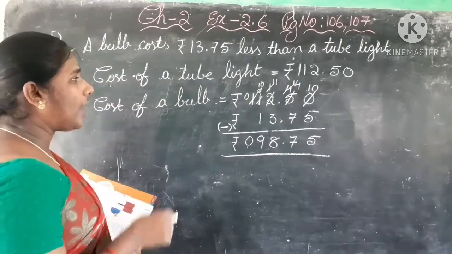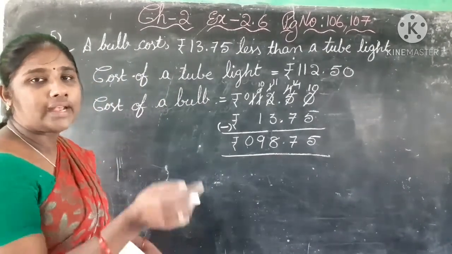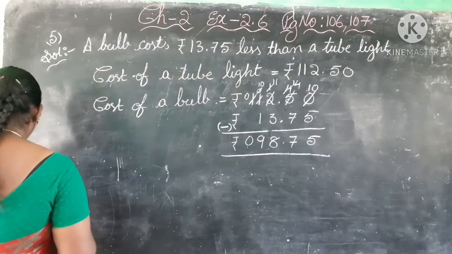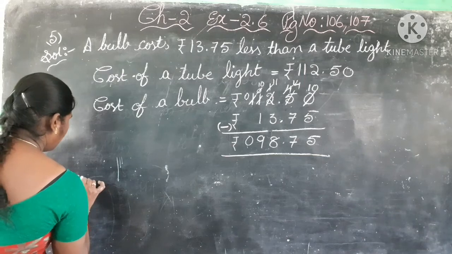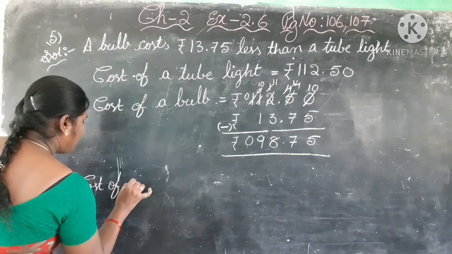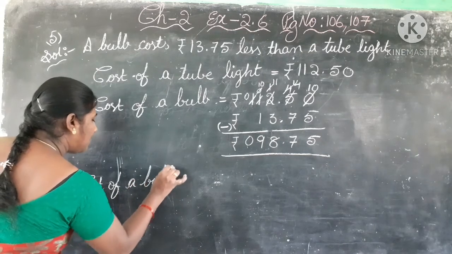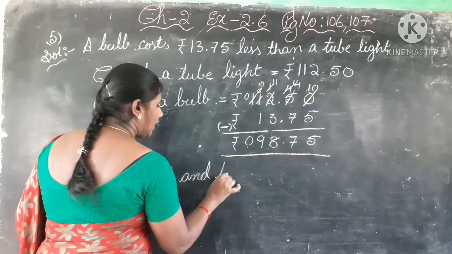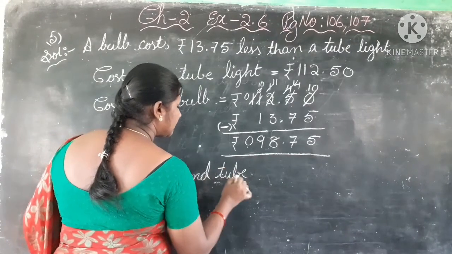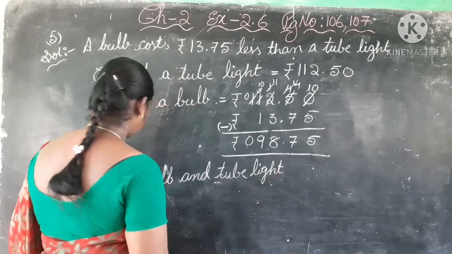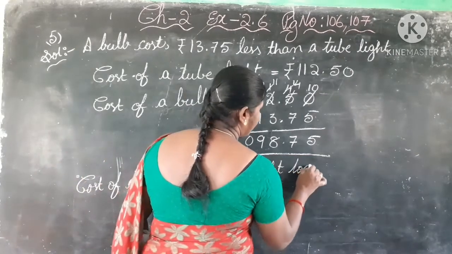Now we have to find the total cost of tube light and bulb. Cost of a bulb and tube light together.